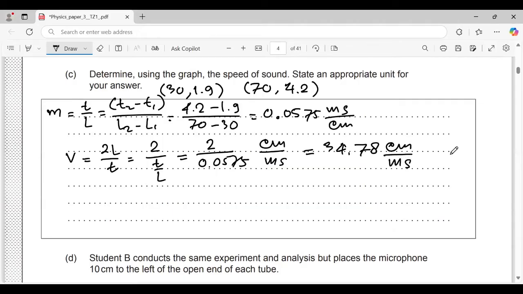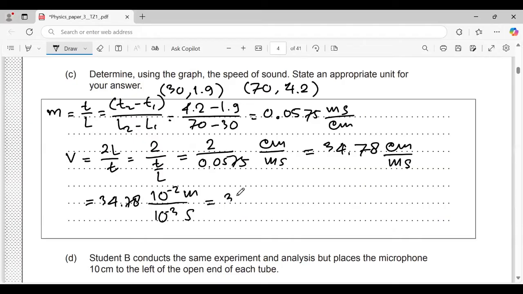We are going to convert centimeters per millisecond into meters per second. One meter is 100 centimeters, and a millisecond is 1 over 1,000 seconds. So it is going to be 34.78 times 10 to the power minus 2 meters, over 10 to the power minus 3 seconds.